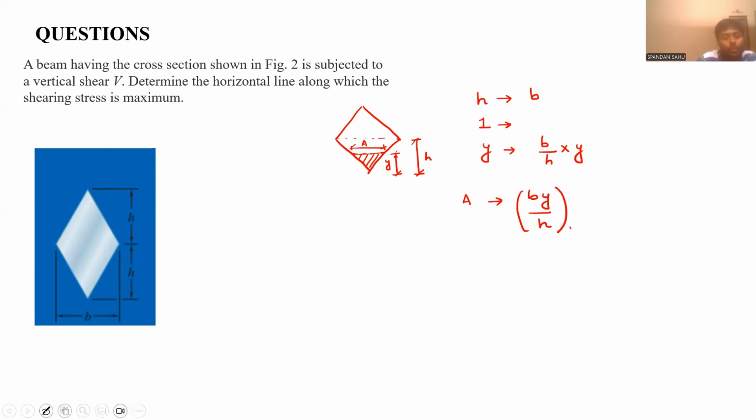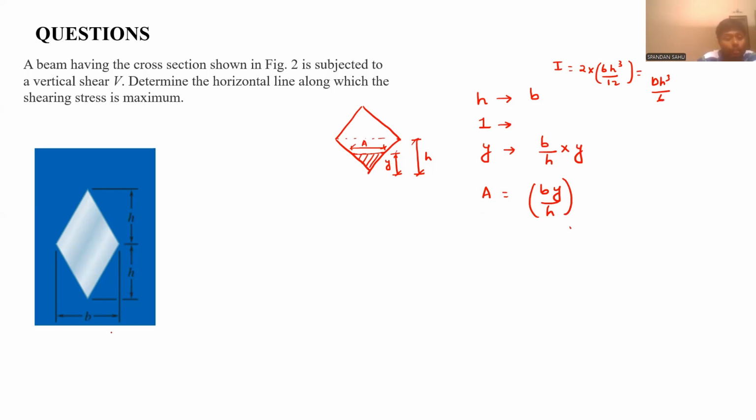Now A is b y upon h. And this A is not area.